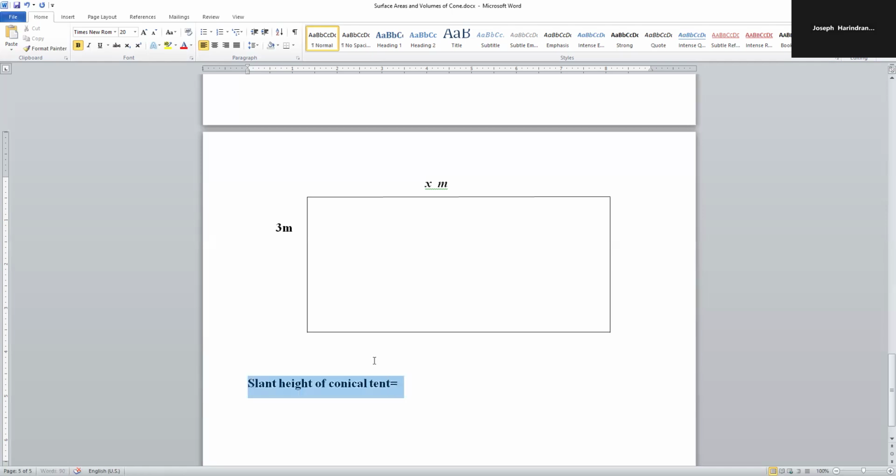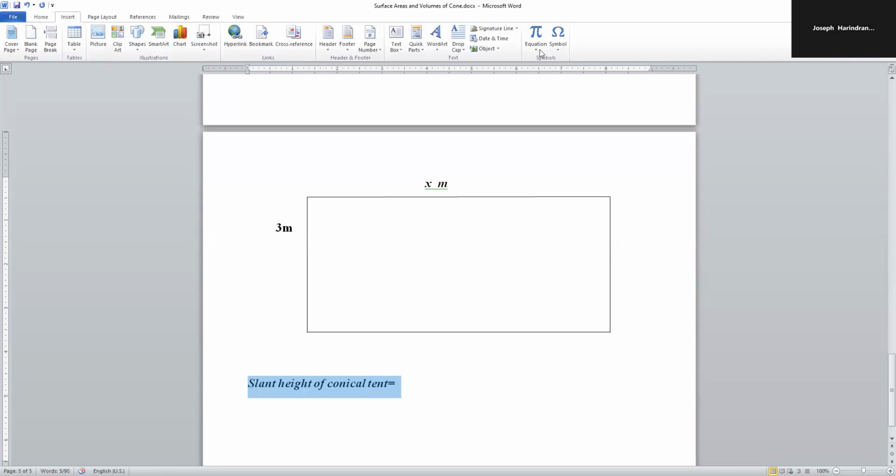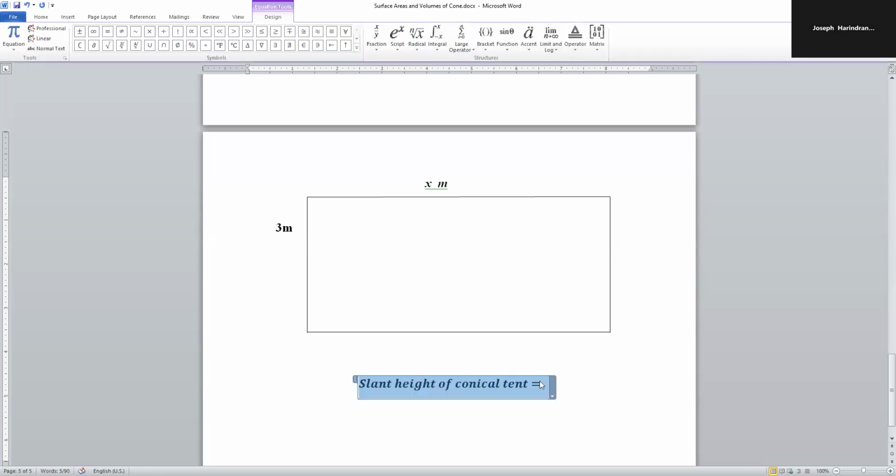This is L actually. We have to find L, isn't it? So L is equal to, we apply this formula directly. We are given the radius. Base radius is 6 meters. Height H is given.